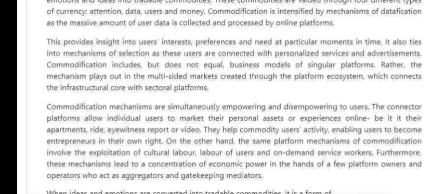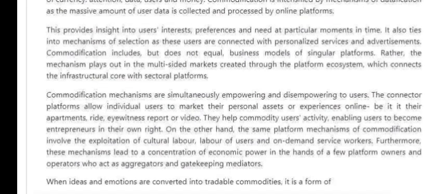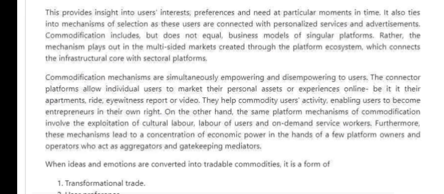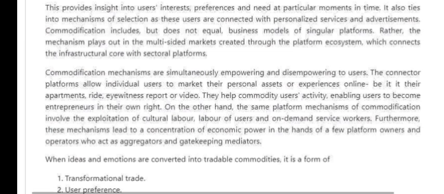Commodification is intensified by the mechanisms of datafication as the massive amount of user data is collected and processed by online platforms. This provides insight into users' interests, preferences, and needs at particular moments in time. It also ties into mechanisms of selection as these users are connected with personalized services and advertisements.